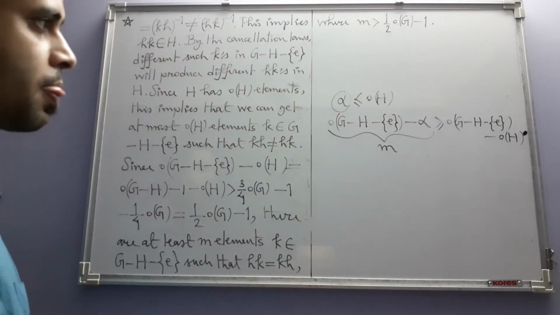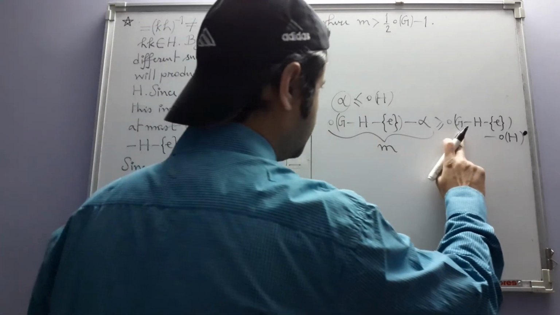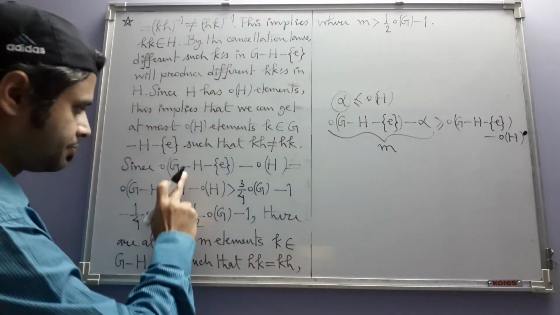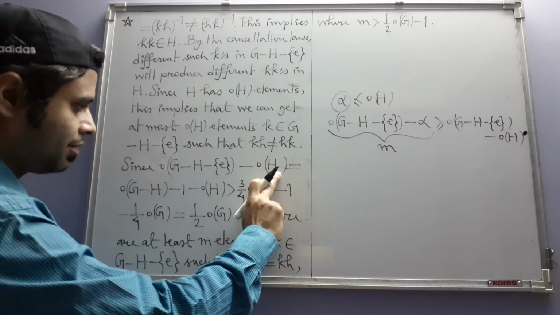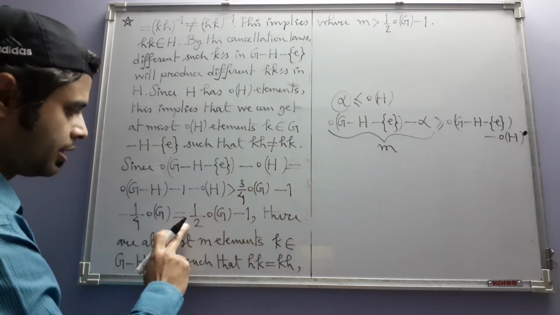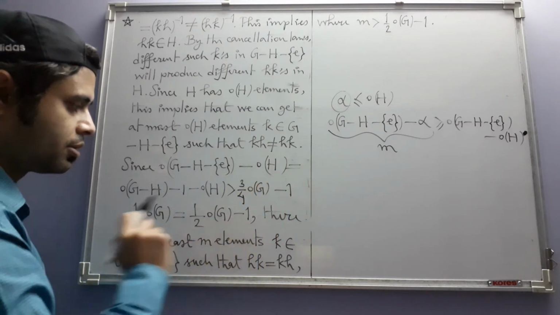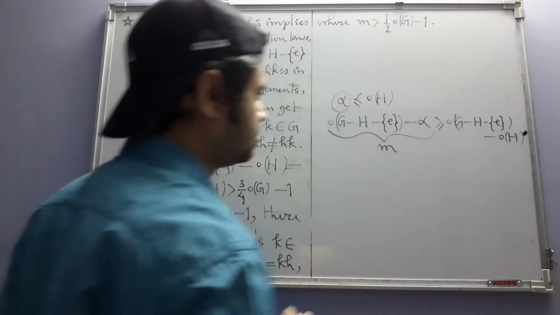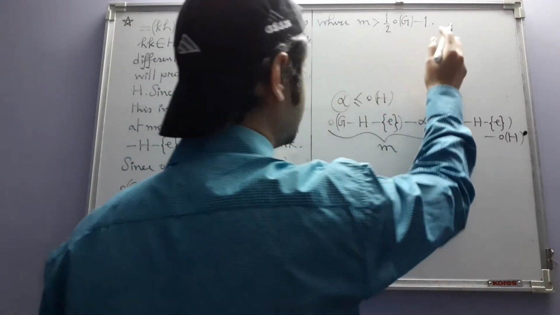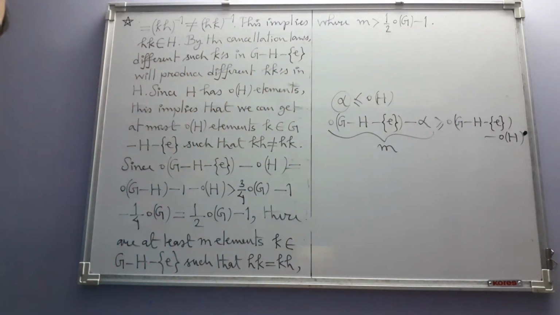Okay, and we have proved that this difference is greater than half of order of G minus 1. So that's why m is greater than half of order of G minus 1.